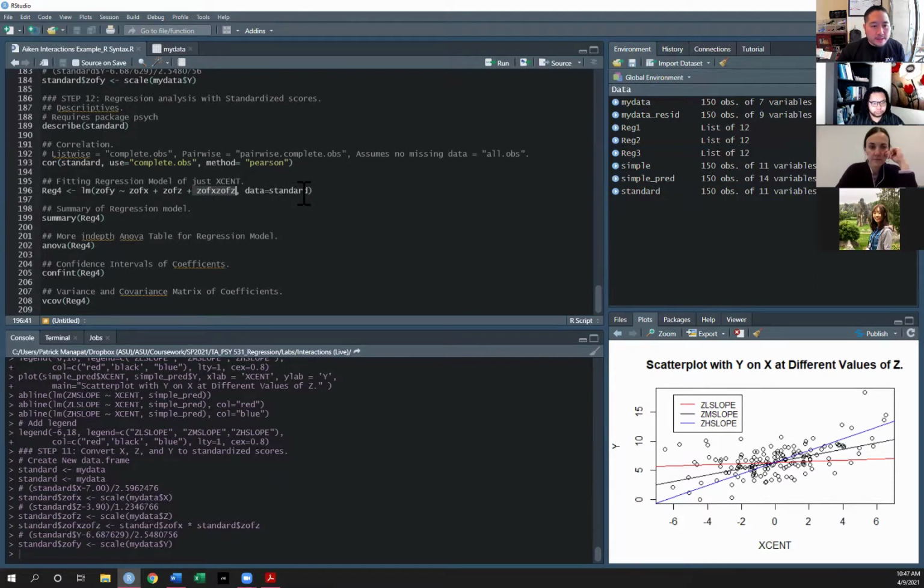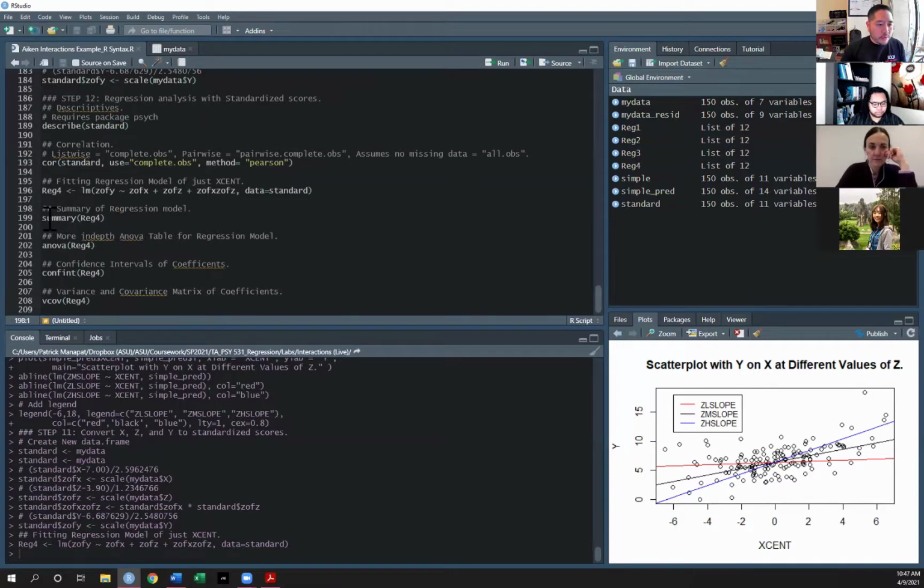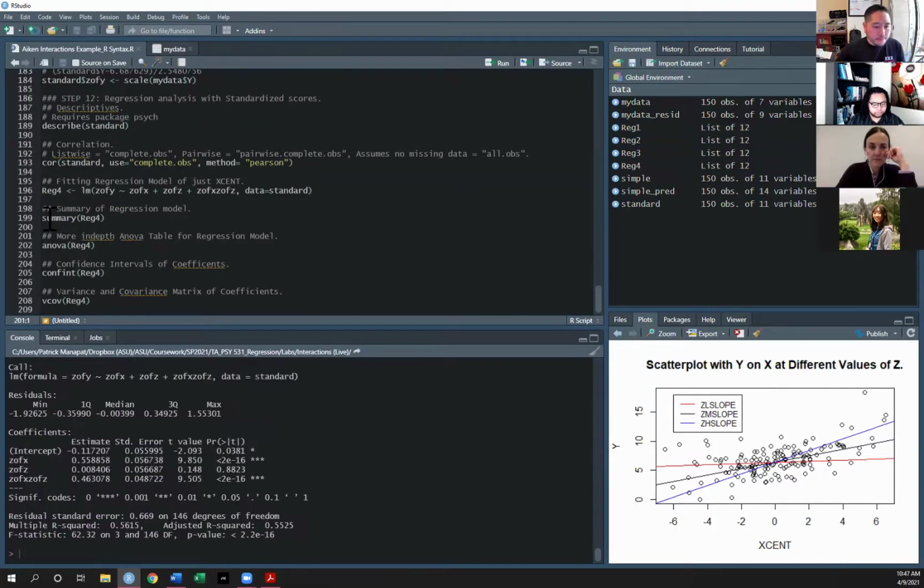My data set is called standard. I'll request a summary. And then these are my standardized coefficients.